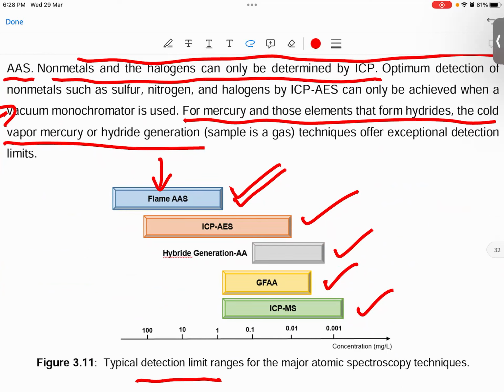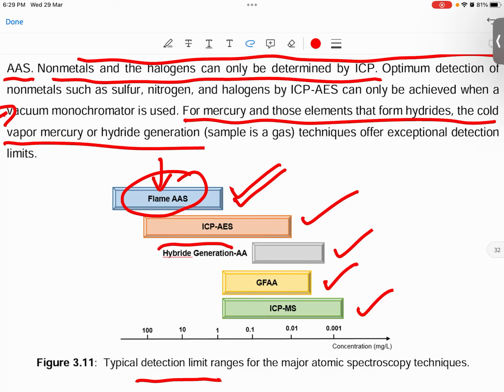Of course, much lower is anticipated, because sometimes you have to work with a very low concentration. You can see that the AAS has a higher detection limit. ICP-AES has lower, which means that ICP is much more sensitive.